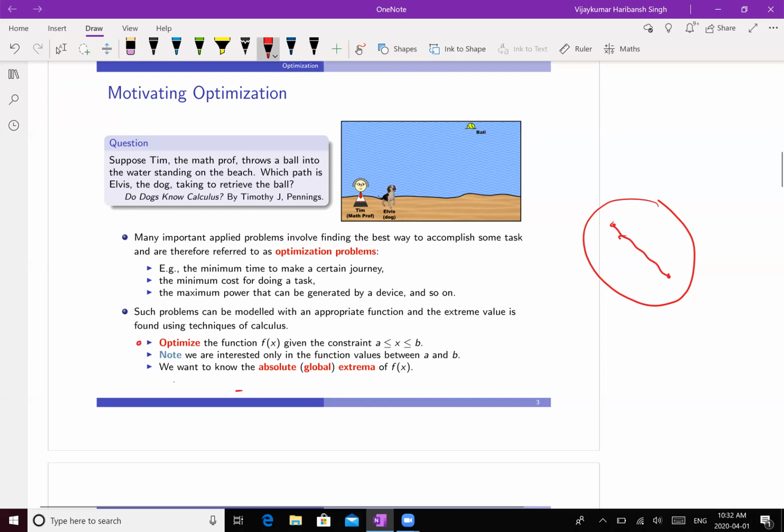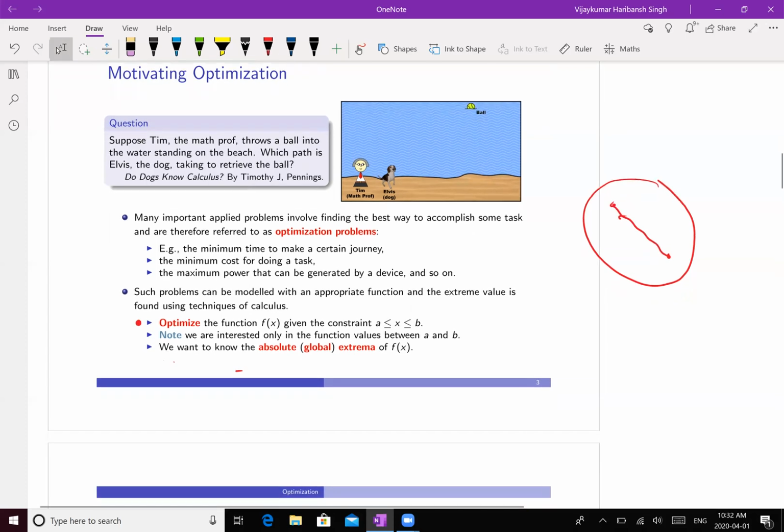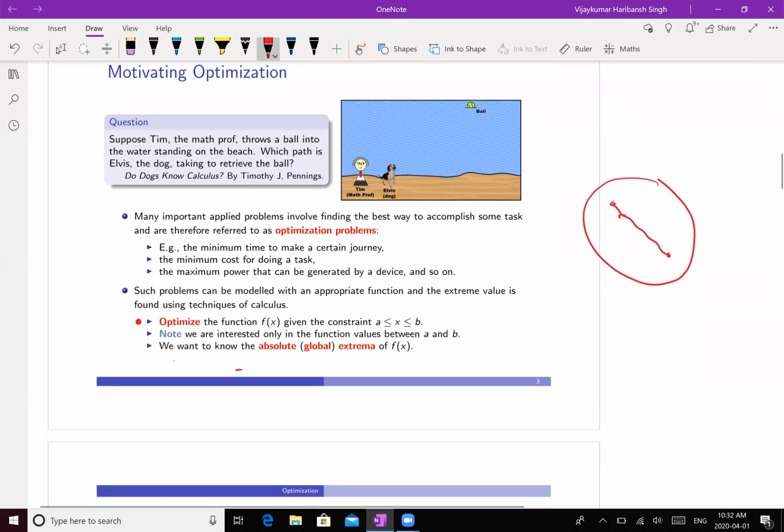We have seen similar problems, particularly the case where f was continuous on a closed interval [a, b], using the closed interval method for absolute maximum and minimum. Note that in this case, we are only interested in what the function does between the values of a and b. What happens outside doesn't really matter. We want to know the global extrema of the function: the absolute maximum or absolute minimum, depending on whether you want to maximize or minimize the function.